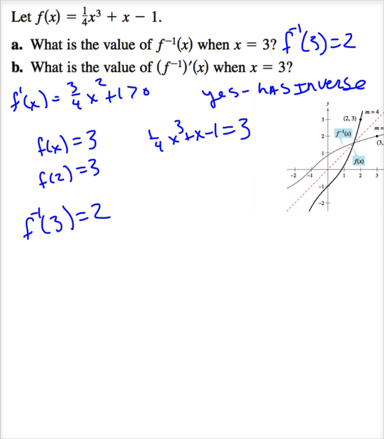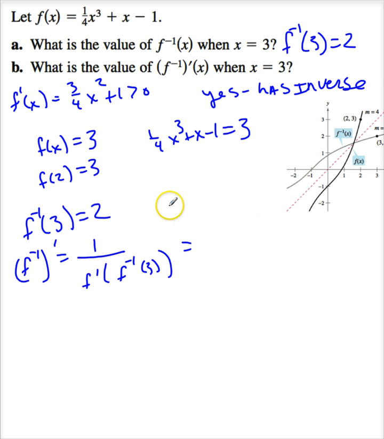Now, what is the value of f inverse prime when x equals 3? Now, you remember f inverse prime is equal to 1 over f prime evaluated at f inverse at 3.